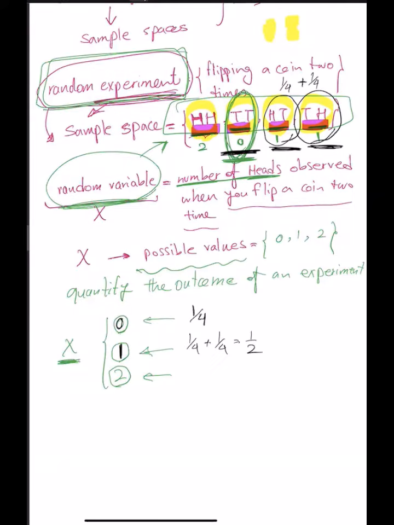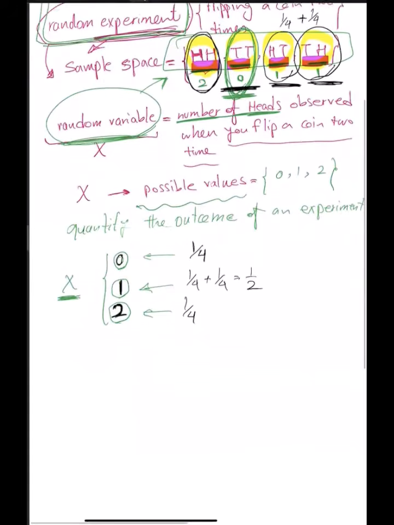And what is the chance that I observe 2 heads? 1 over 4. And when that happens, then the random variable gets the value of 2 because I observed 2 heads. Okay?